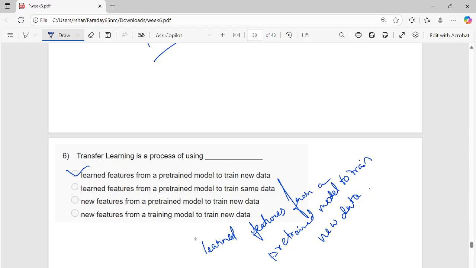The pre-trained model is the base model which is already trained on a large dataset. We apply this knowledge to a new task or dataset, a different class or domain. So the correct answer is reuse the learned features from a pre-trained model to efficiently train on a new data.